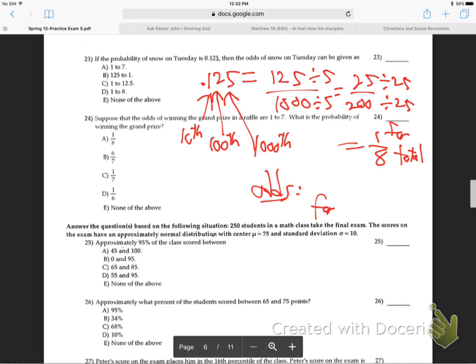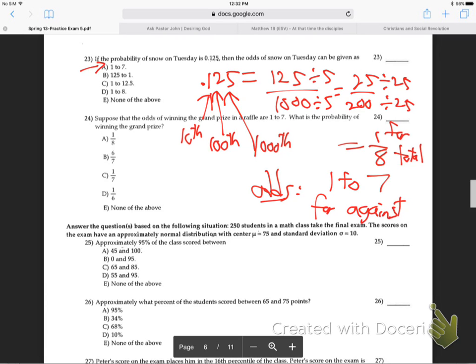They break into their two sides, for and against. Odds start the same, they both start with 1. So how many must be against? Must be 7. So there it is, 1 to 7. We good?